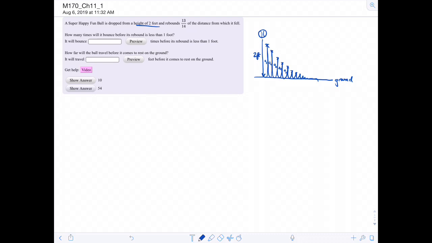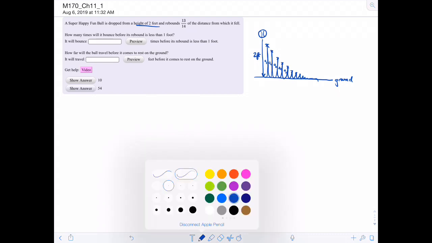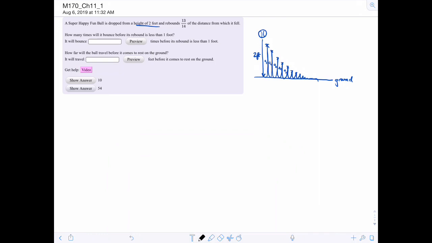So let's look at some terms of our sequence. The first thing we need to realize is that we have this initial distance of 2 feet, so we'll leave that. But A sub 1 is this next bounce. That's A sub 1, meaning that it takes the 2 feet and multiplies by 13/14 of that distance.